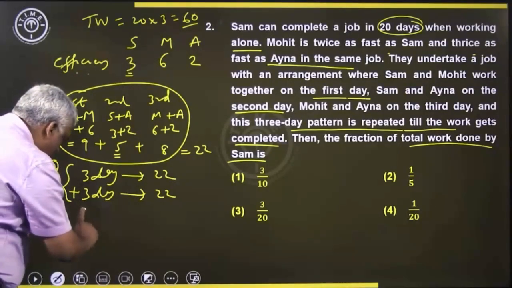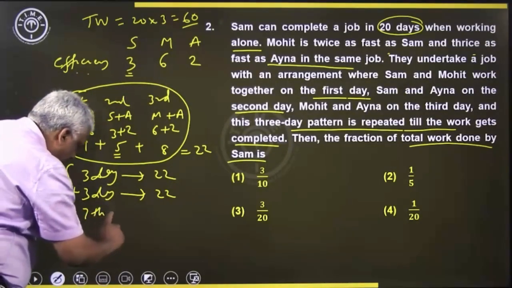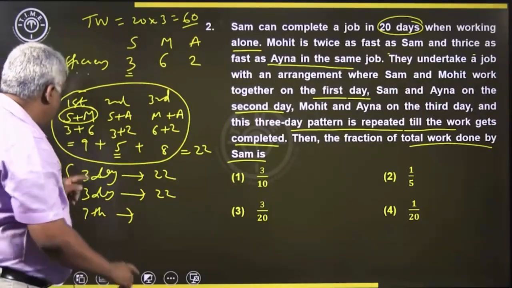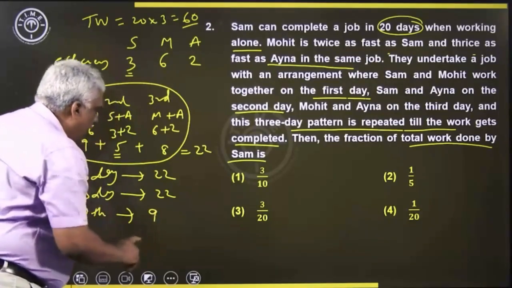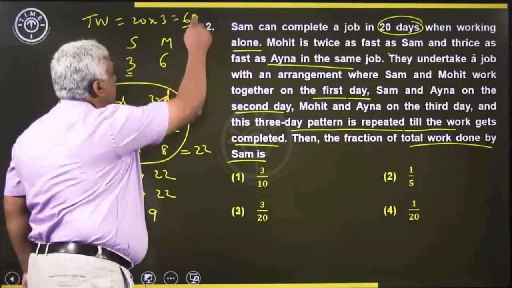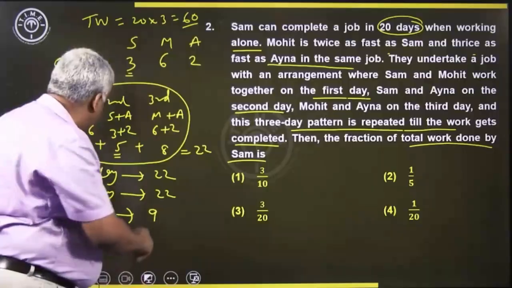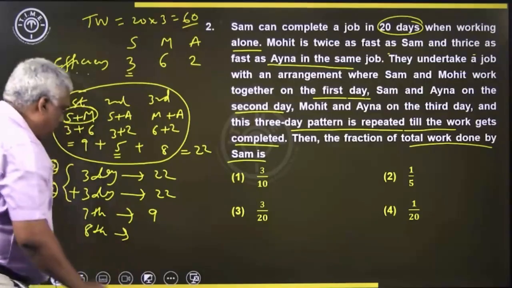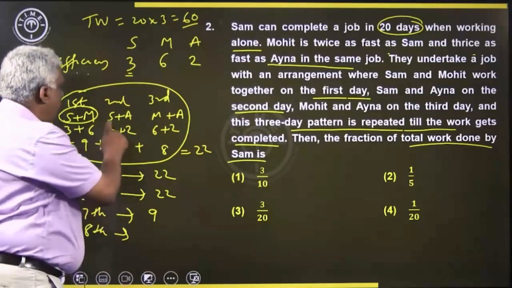So on the 7th day, again these 2 people will come, S and M. They will do 9 units of work. And how much work is left? 60 minus 44, that is 16, 9 is done. 8th day again S and A will come.